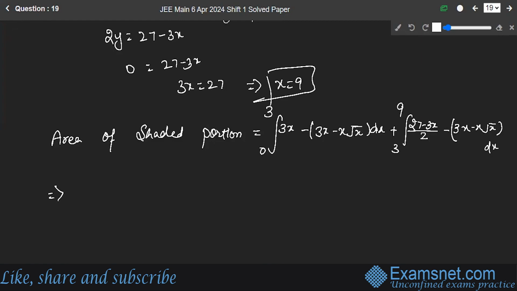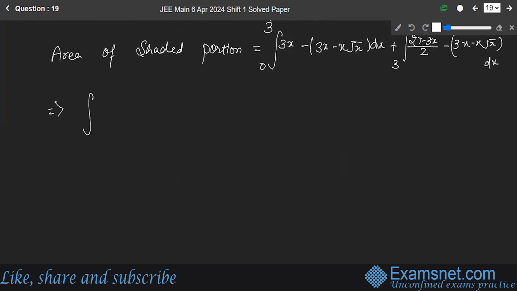So this is equal to 3 outside and 0 to 3 x. Okay, let's first of all do one thing. I will solve it.